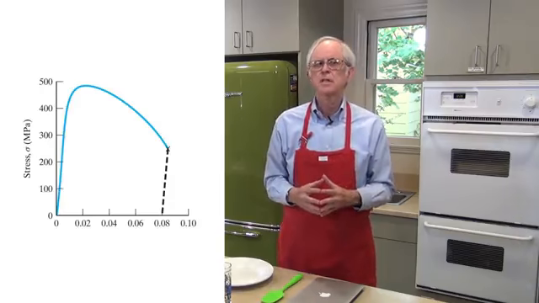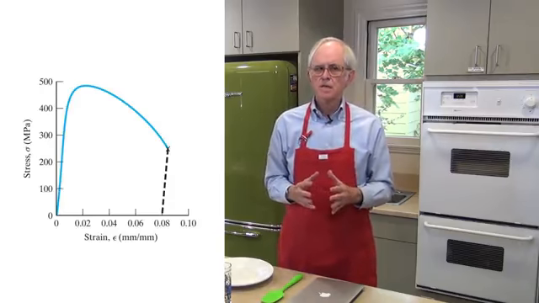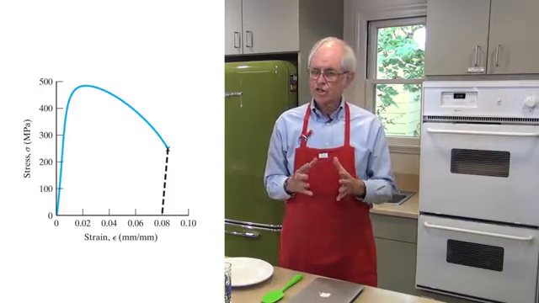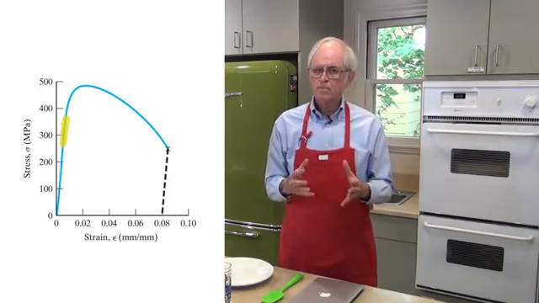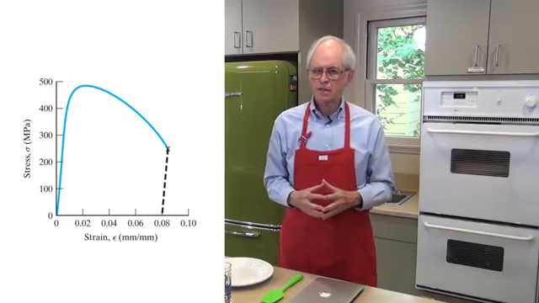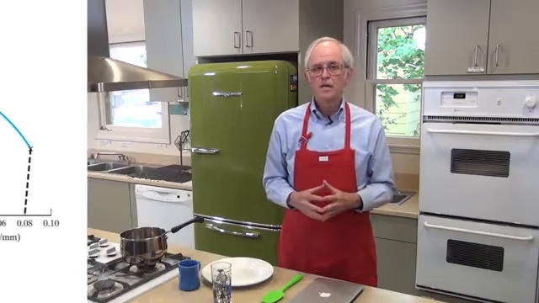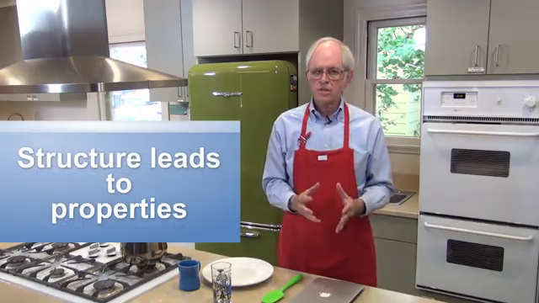And we'll look specifically at the case of the elastic modulus or stiffness of the material. We'll come back to this in more detail in a later segment. But for now, we want to use this short lecture as our first formal example of how structure leads to properties.